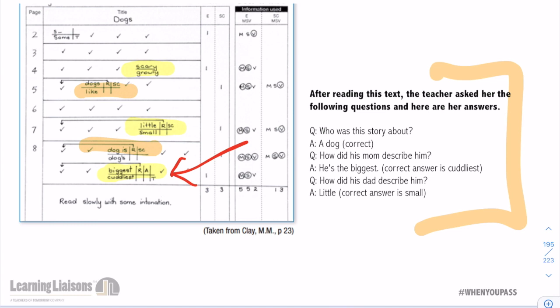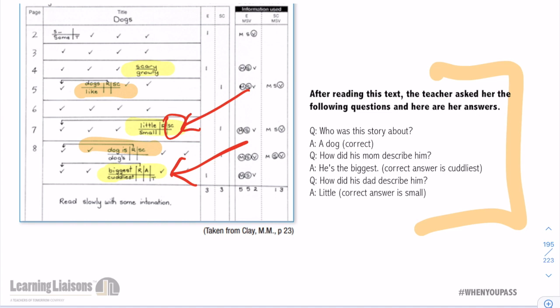Question, how did his dad describe him? Little. The correct answer would have been small. And that was another one of her errors. She ended up self-correcting for accuracy when reading, but then when she went back to answer it, she reverted back to her error.